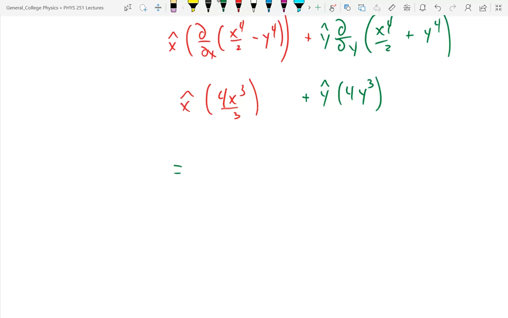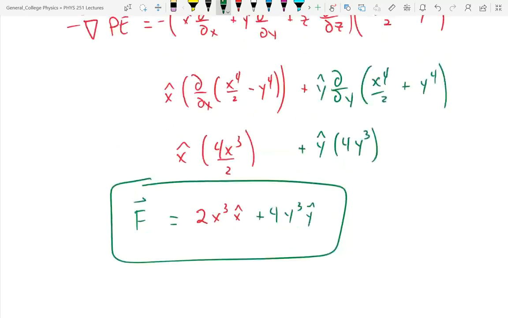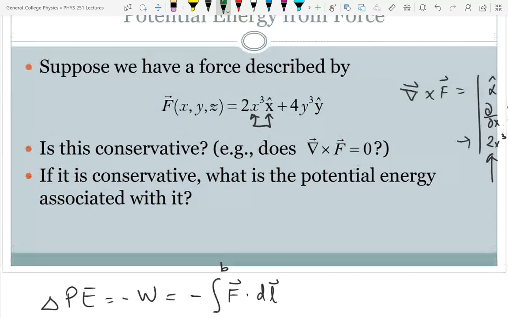Why do I have a 3 on bottom instead of a 2? It's a very good question. So that's equal to 2x cubed in the x direction plus 4y cubed in the y direction. And so we worked our way back, hopefully, to the same force we started with.